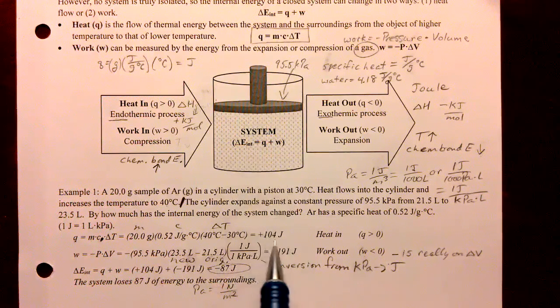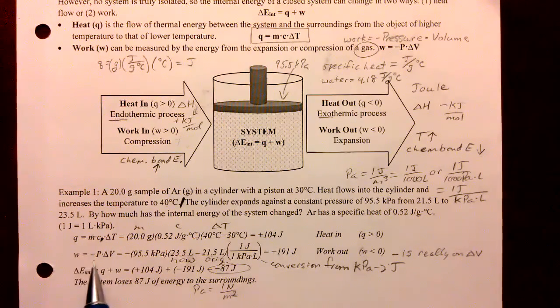So we know we've got to get a positive joule number here. So let's subtract this such that we get a positive number, because when we multiply this, we've got to get a positive answer. So it's the 20 grams that they told us. Here's the specific heat that they told us. And here's the change in temperature, and we've got to have a positive number. And when we multiply them, we get a positive 104 joules.